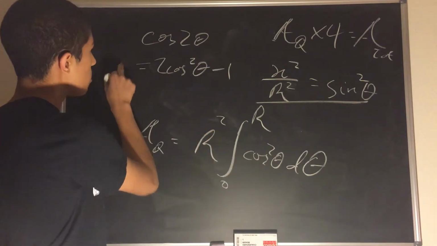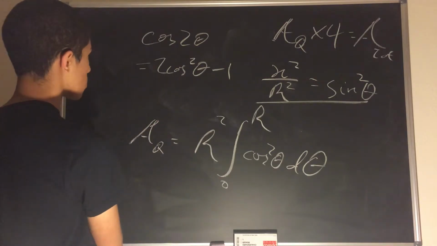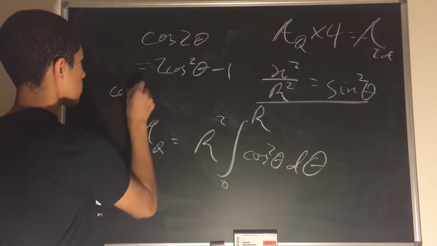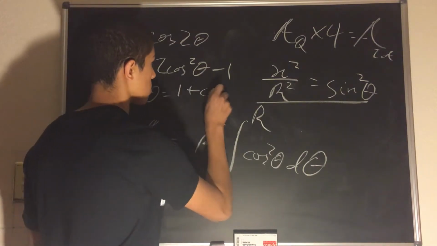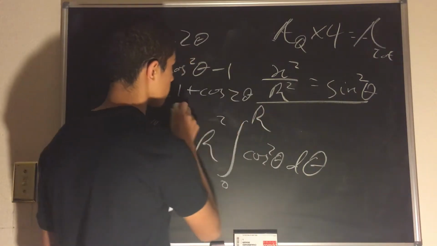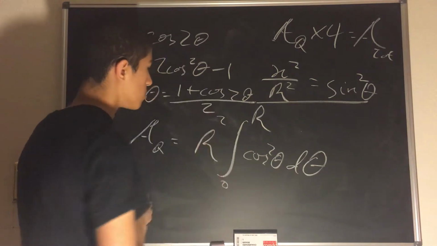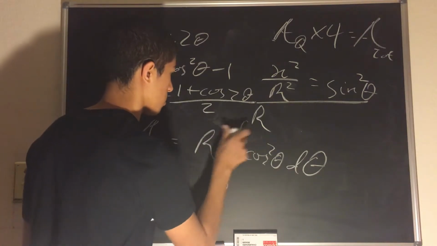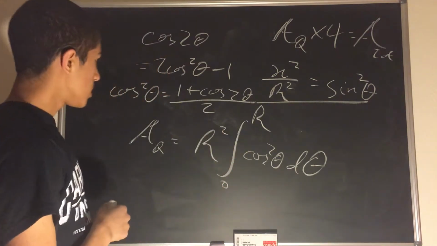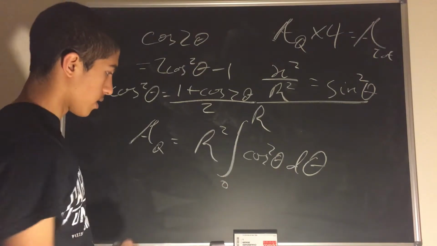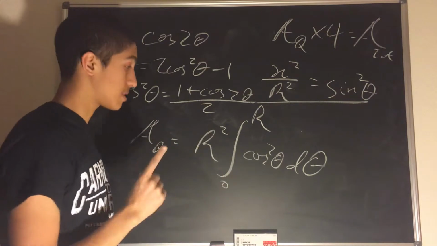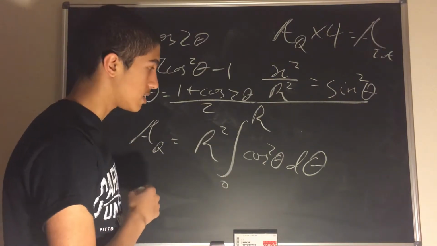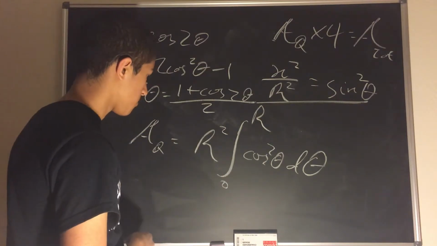Well, we add 1, and then we divide by 2, so then we have cosine squared theta is equal to 1 plus cosine 2 theta divided by 2. Wonderful. So now we can rewrite our integral in terms of cosine 2 theta, because that is most definitely an easier integral to evaluate.